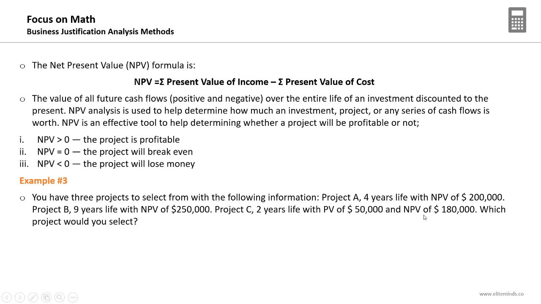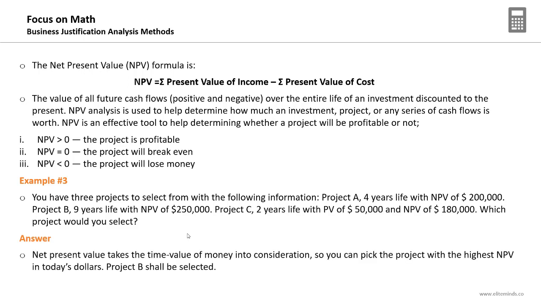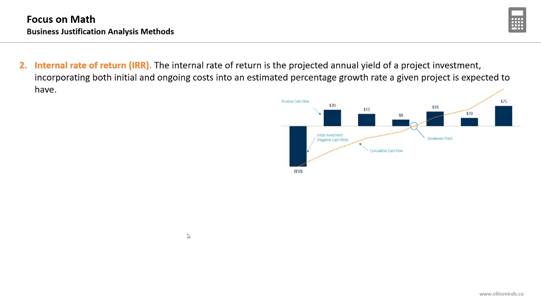Because in the formula of calculating the net present value, the number of years is being considered. So you just need to look at the numbers you have. For projects A, B, and C, the highest net present value goes for project B. So the best project to go with is project B. If not B, it's A, and if not A, it is C. A higher net present value is a better choice.